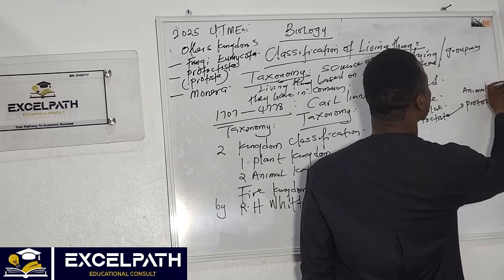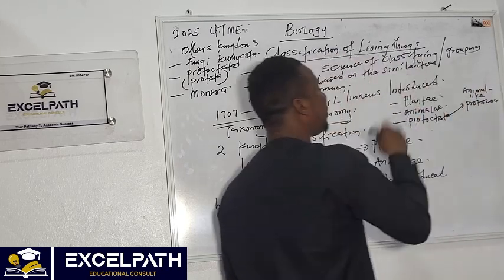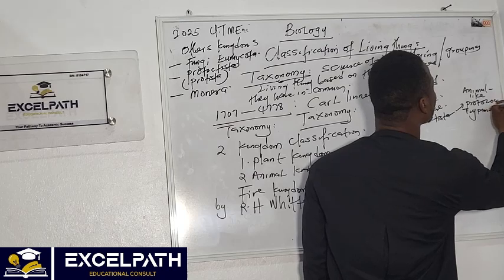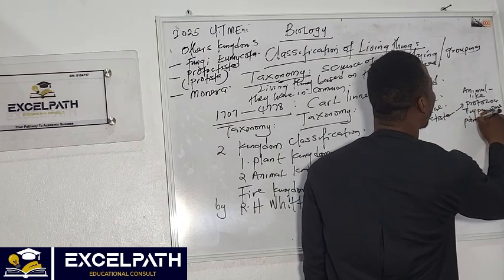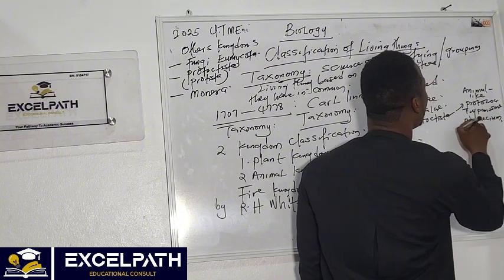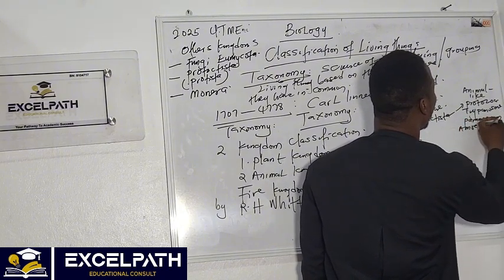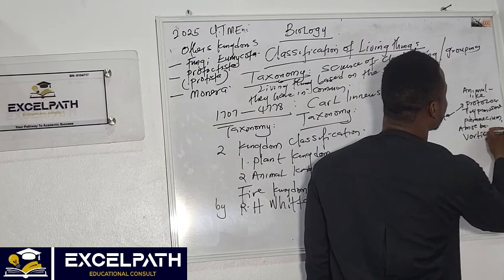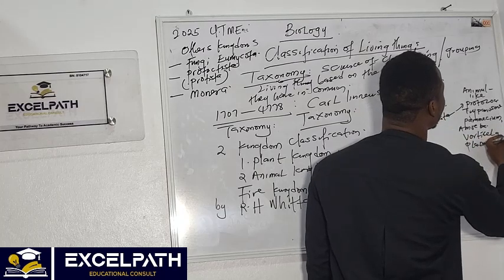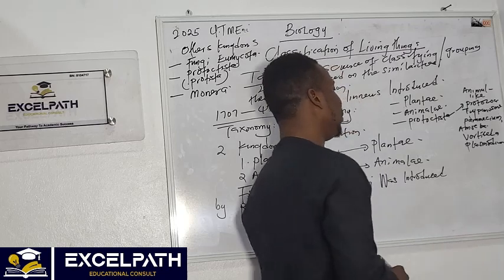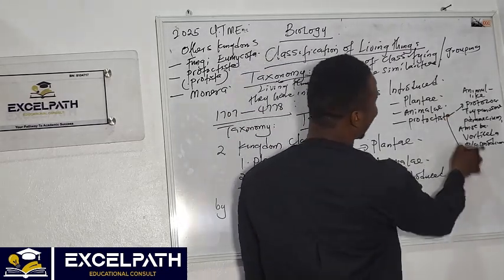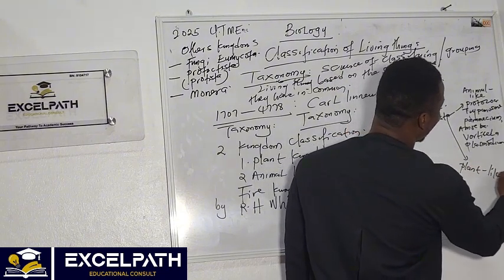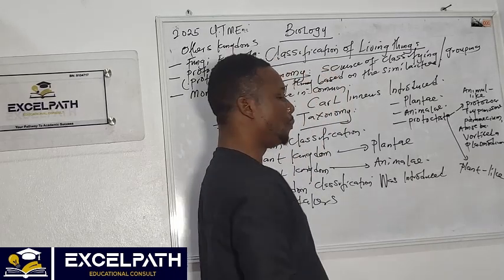Examples include trypanosomes, Paramecium, Amoeba, Vorticella, and Plasmodium falciparum. They are examples of protozoa.